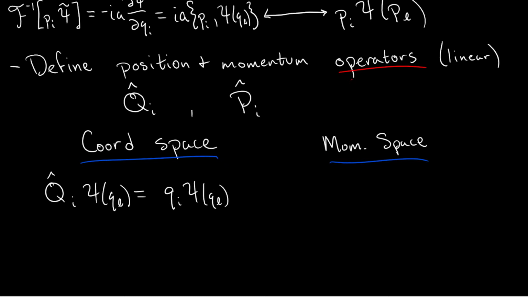And then in momentum space, I have Q hat i psi tilde of p is equal to i A d psi tilde dp i.